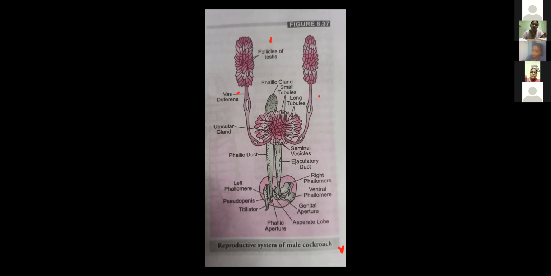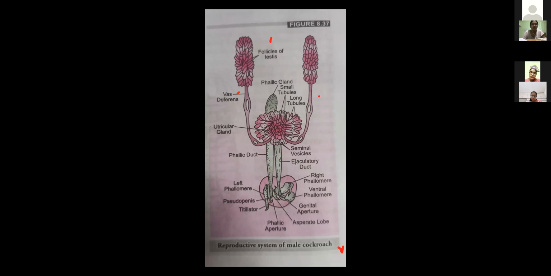Right? Next, one more gland is there that you call the phallic gland. Phallic gland, another name, note down, is a conglobate gland. Right? That is present just behind this mushroom gland. देखो इसके behind में है ये.